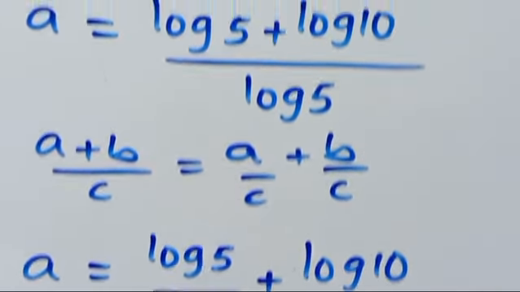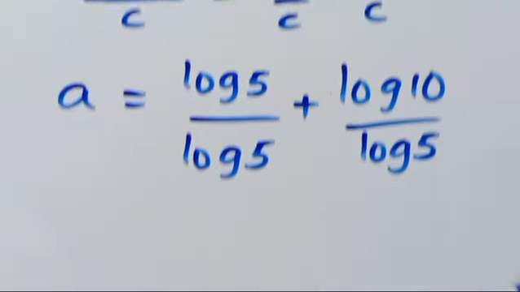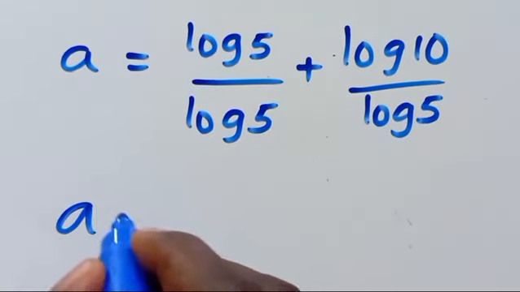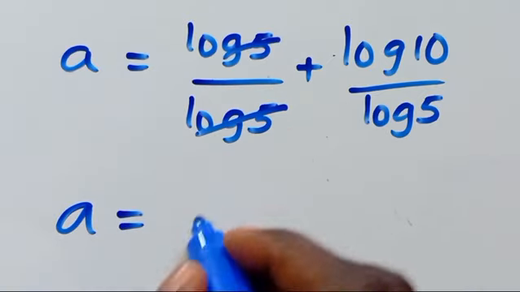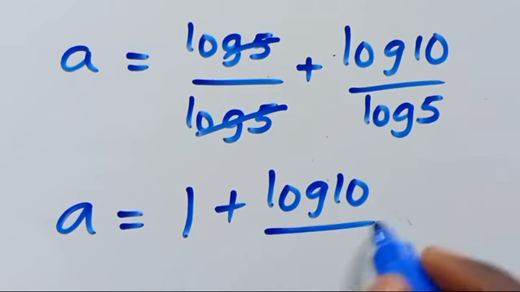So we divide through by log 5, this and this. And so from here, a will be equals 5 divided by 5, which is 1, plus log 10 divided by log 5.